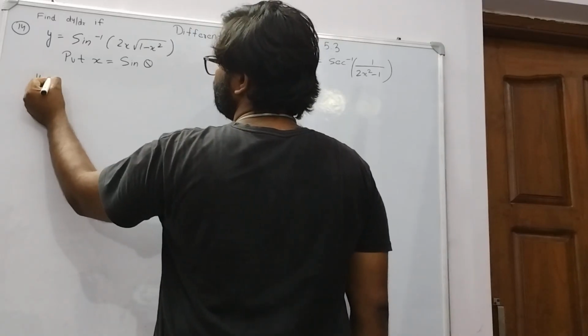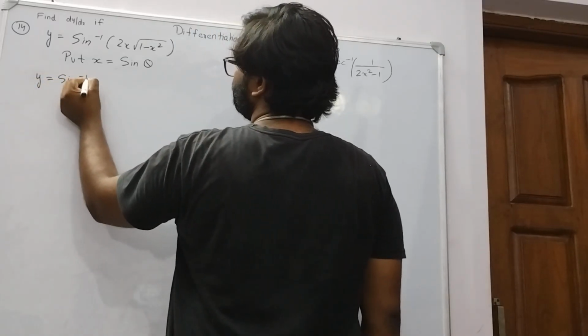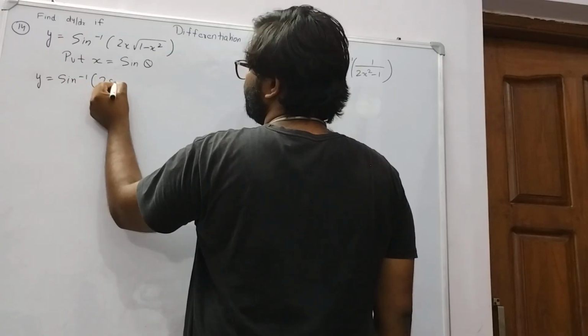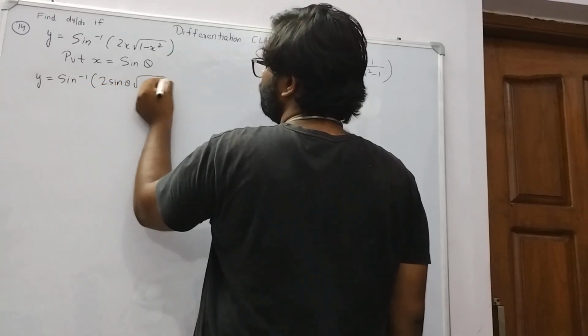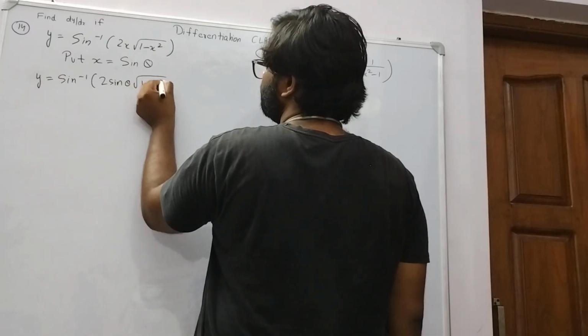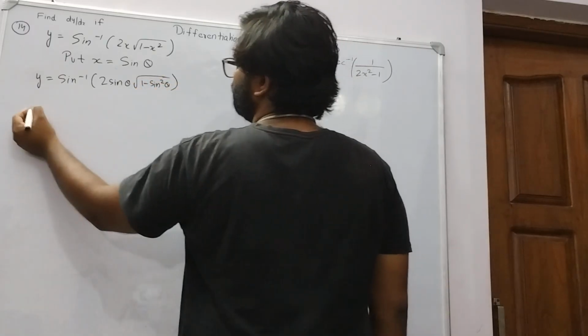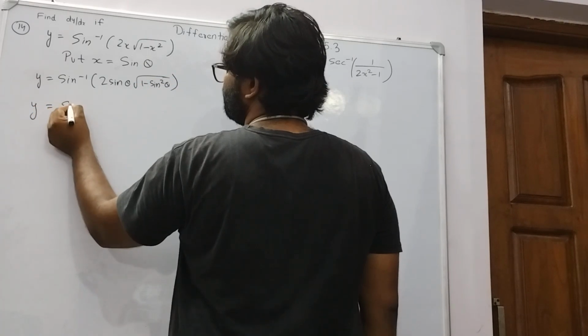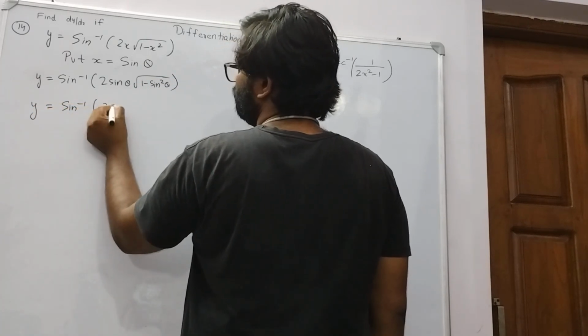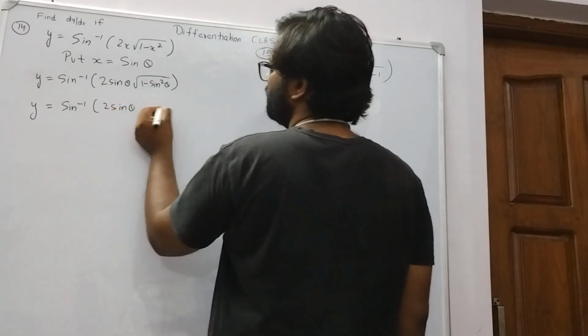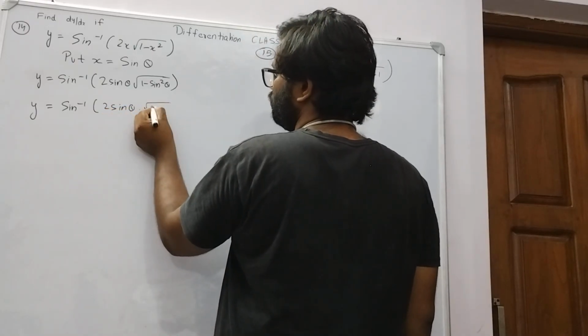So it will become y is equal to sine inverse 2 sine theta under root 1 minus sine square theta. As we all know, 1 minus sine square theta is cos square theta, so under root cos square theta.